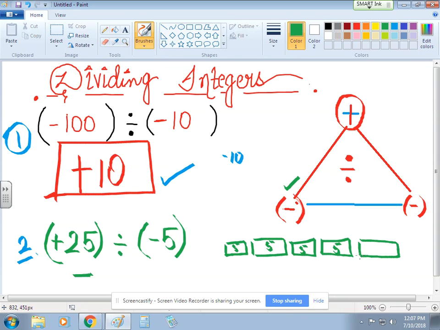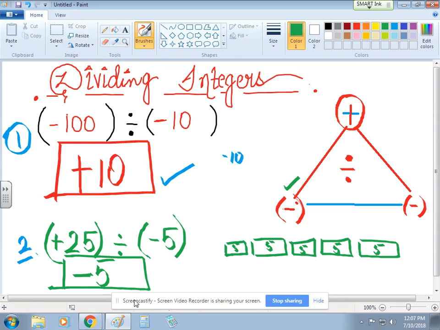Before I check, let me check. 5 plus 5 is 10, 10 plus 5 is 15, 15 plus 5 is 20. I don't have 25 yet. So one more. Do I have 25? How many $5 bills do I need? One, two, three, four, five. And yes, it does make $25. So that means I need five $5 bills to make $25. So my answer is going to be negative 5.